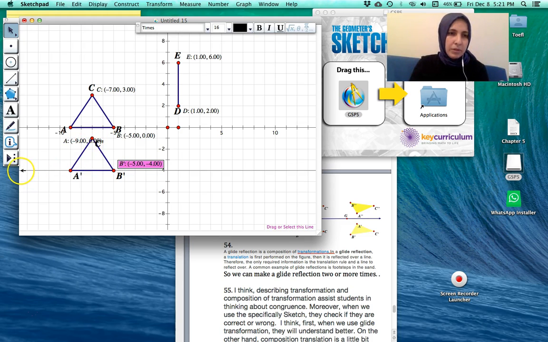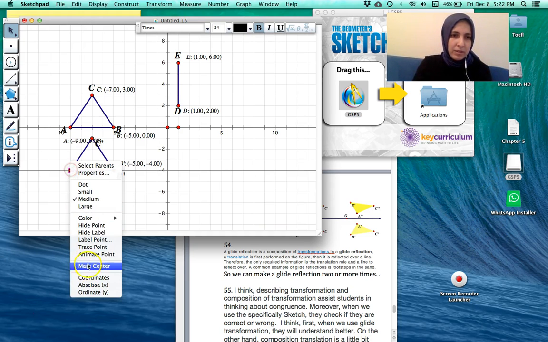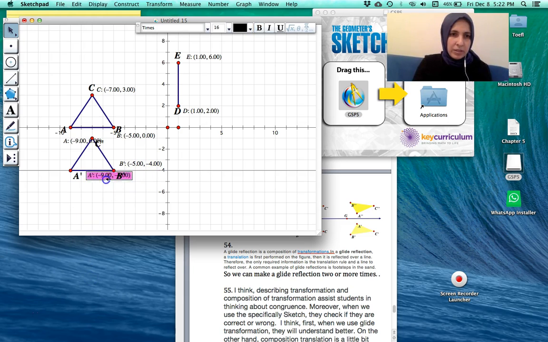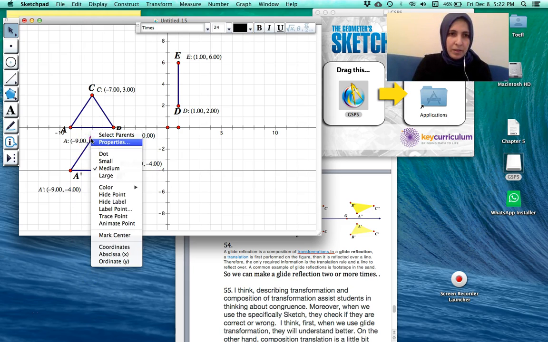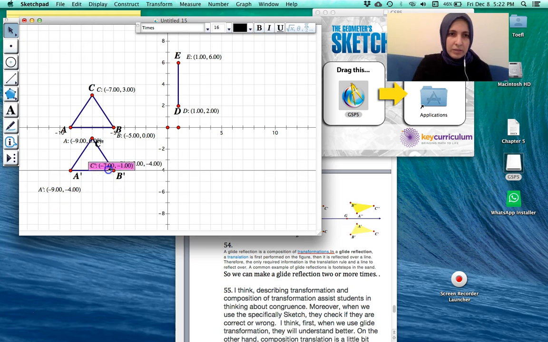I picked the x-axis by my mistake, but anyway, it isn't really important. It can be there. Coordinates A, and this is B. Yes. Okay.